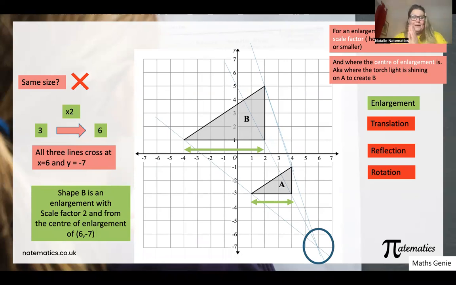Now, from marking questions on GCSE maths papers, if you had to say it was an enlargement, you get 1 mark. If you knew it was 2 times bigger, scale factor 2, you get another mark. Okay. If you had to do an enlargement, if you enlarged a shape and you didn't know where to put it, but you did a shape that was twice as big as the other one, you'd get a mark.